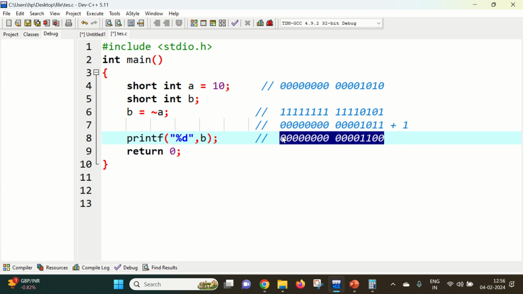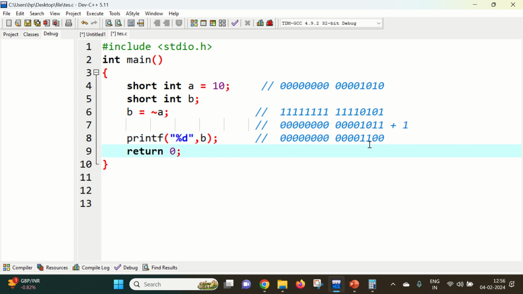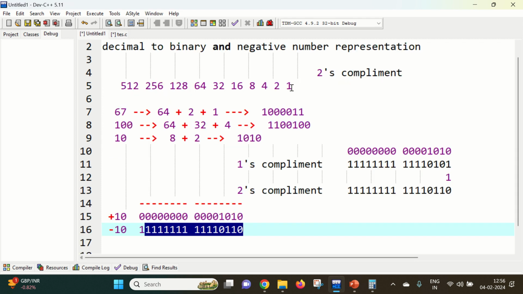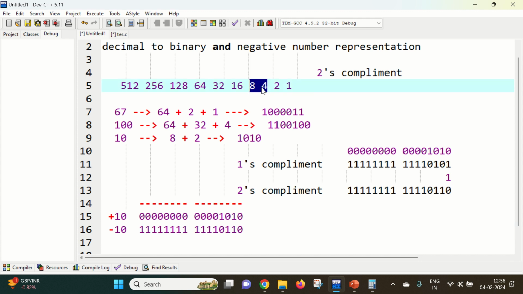So this is the reverse thing, how you can say what this number actually is. To identify this number, the third digit and fourth digit are 1. So with the help of this, 0, 1, 2, 3, 8 and 4, 12.